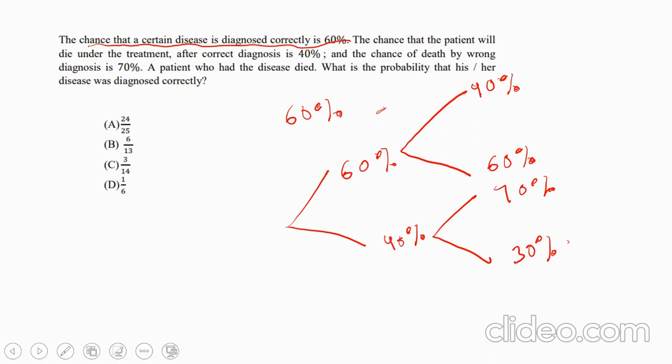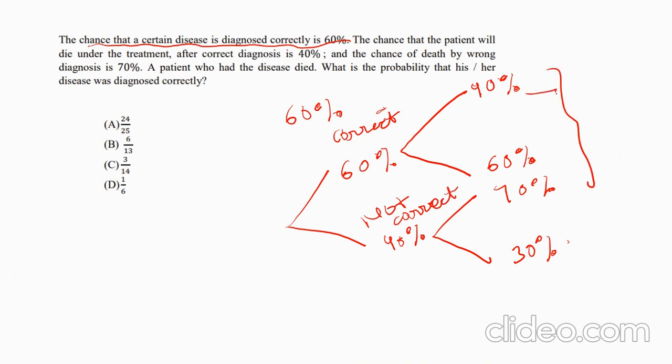So this is correct diagnosis, this is not correct diagnosis. So what is the probability that his or her disease was diagnosed correctly?